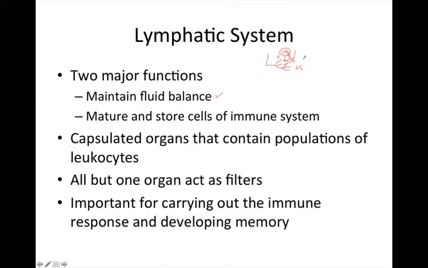And then, as we've already discussed, there are ways we can increase the circulation of lymph: increasing cardiac output, increasing blood flow to our tissues, increasing filtration.